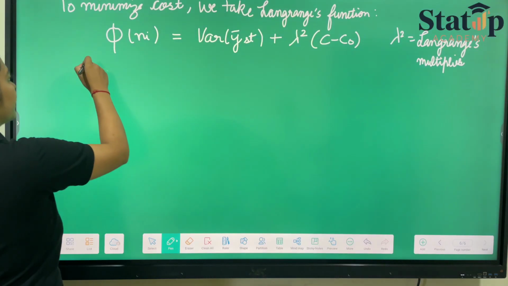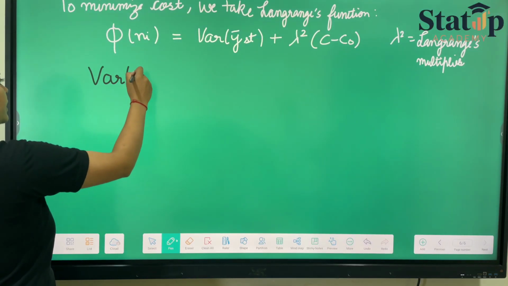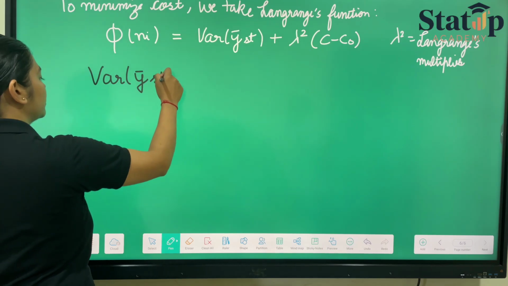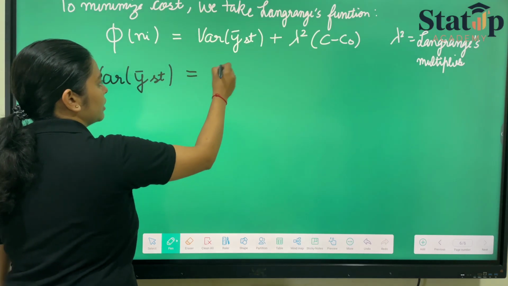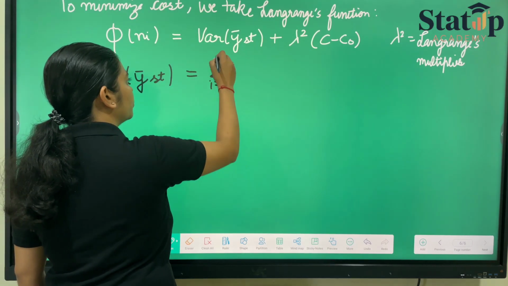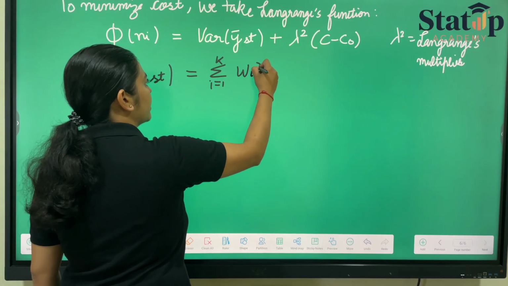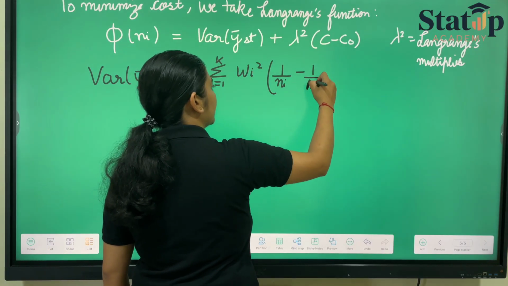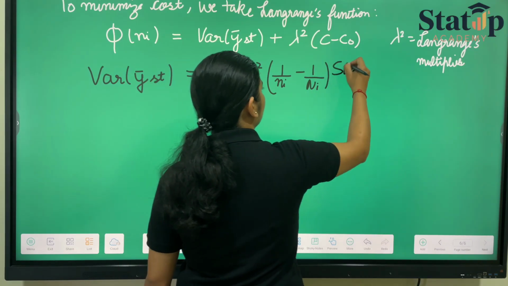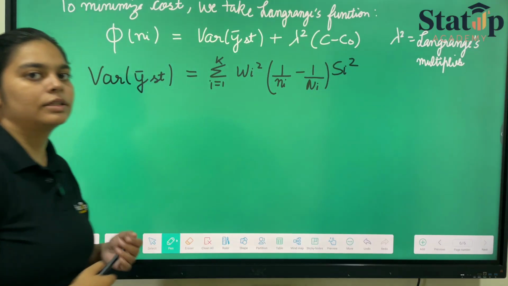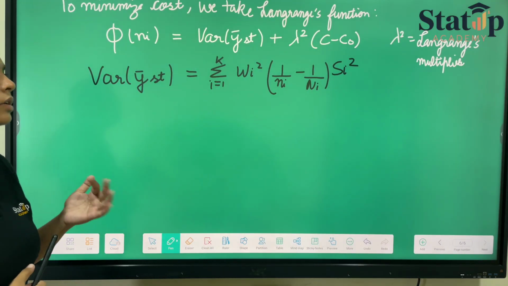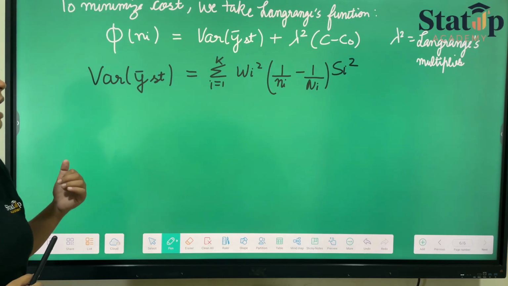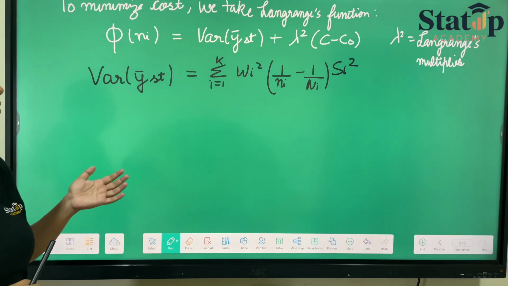Now we know the variance of y bar st. We did the derivation in yesterday's class, which is nothing but summation i goes from 1 to k wi square into (1 upon small ni minus 1 upon capital Ni) Si square. If you have missed it, then you can re-watch that video, and you'll be clear with all the concepts.